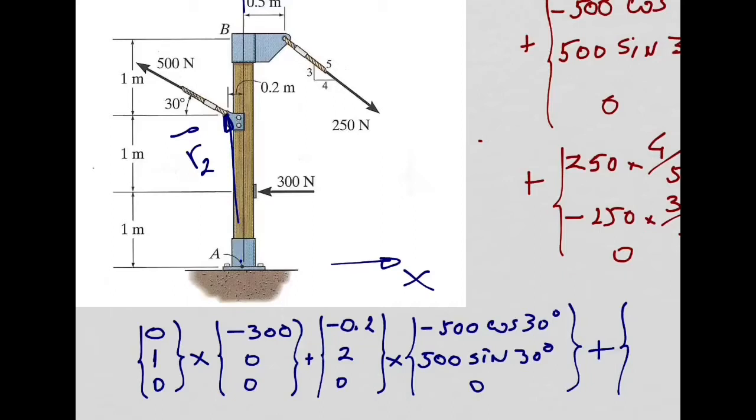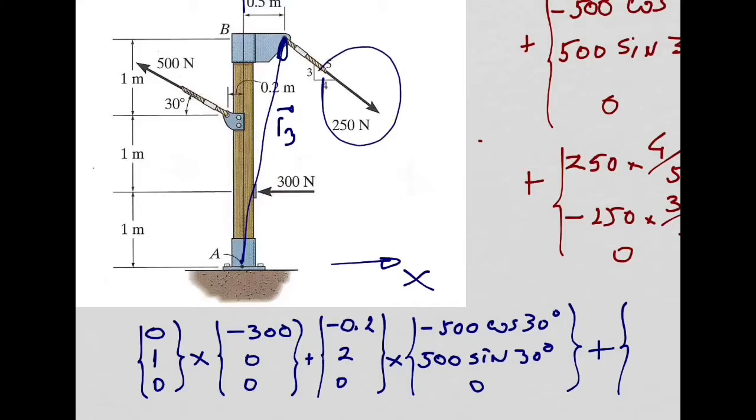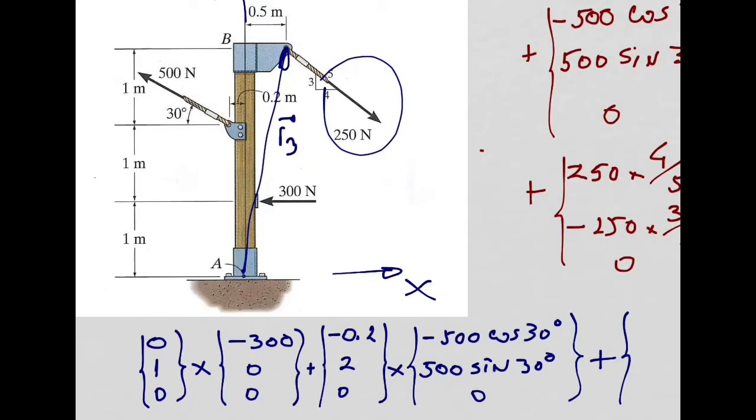Now, let's go back to our position vector, which needs to be this one, our R3, for this force. We are doing this 250 newtons now, the moment produced by this 250 newtons about point A. So position vector first, you tell me x coordinate: 0.5, y coordinate 3, z is 0.